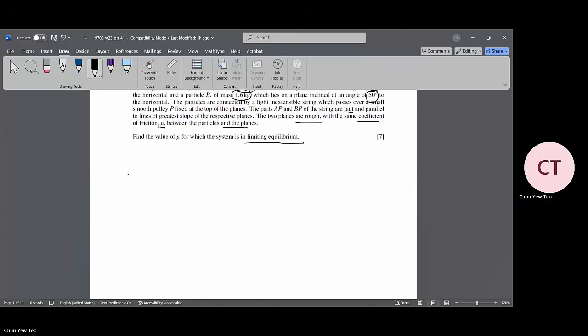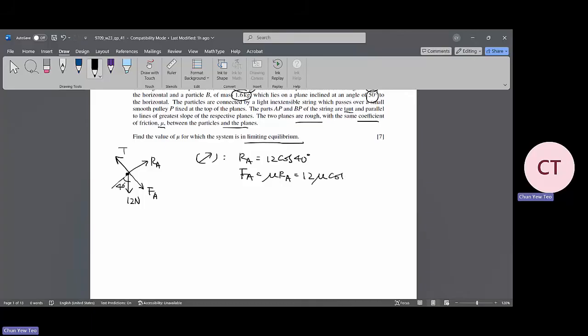So at A, we copy the diagram here. This is the frictional force. This is the angle 40 degrees. So if you resolve it this way, you will see that your RA is equal to 12 cos 40. Then your FA is equal to mu RA, which is 12 mu cos 40.